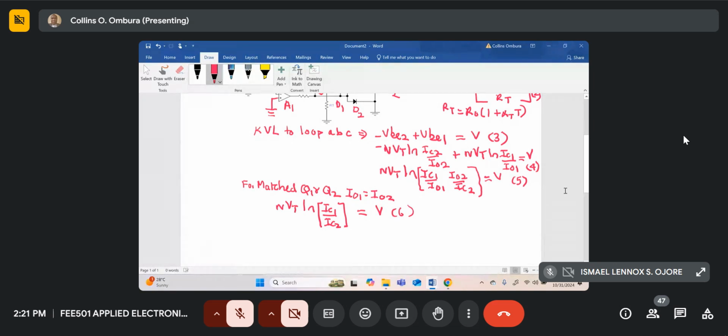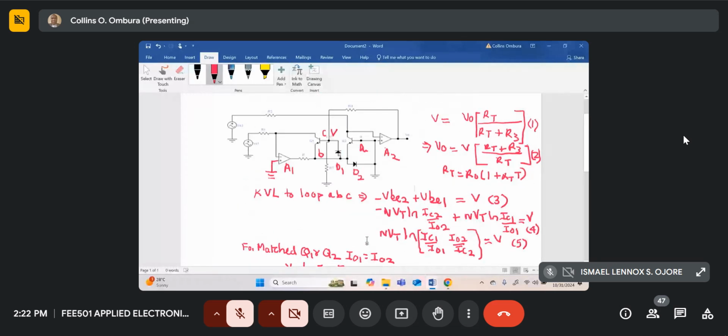So next, we have to find IC1 and IC2 in terms of the circuit parameters. So you go back to the circuit.